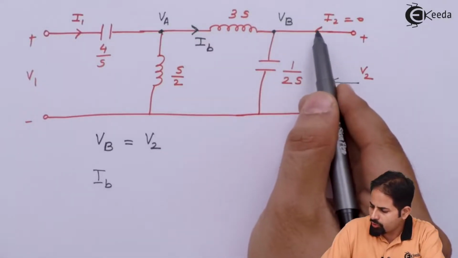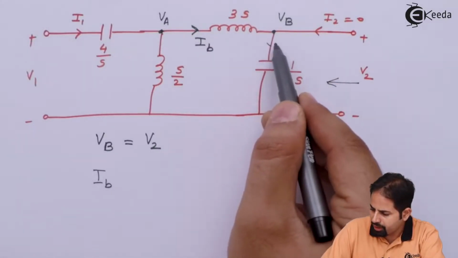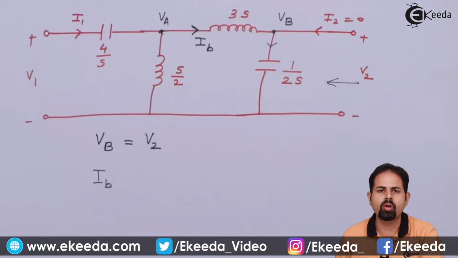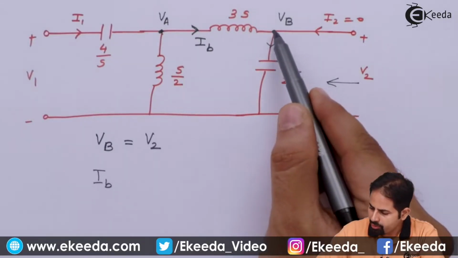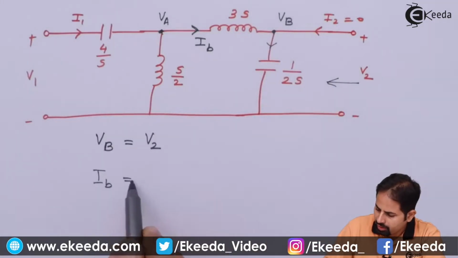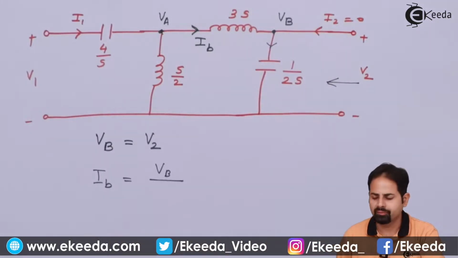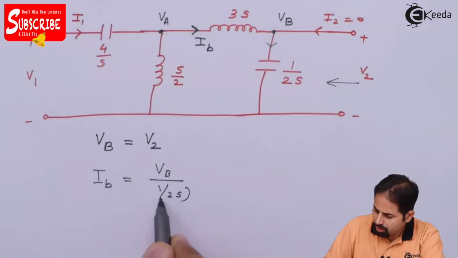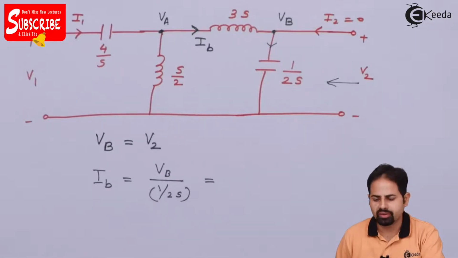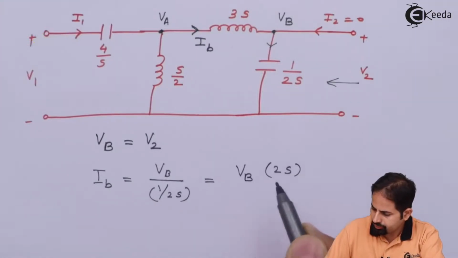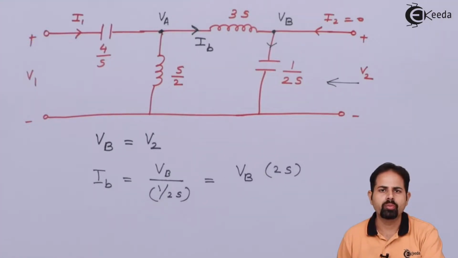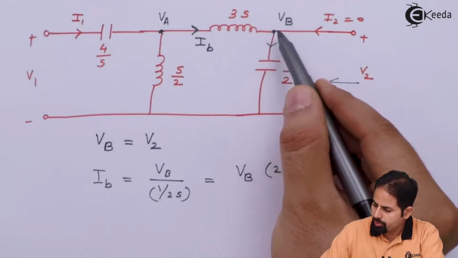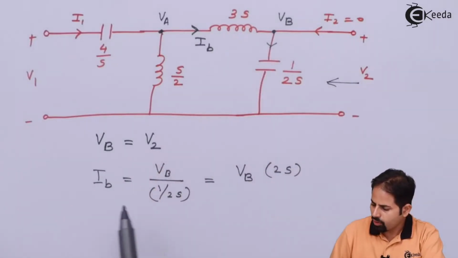This IB is not going to go here, it will simply come down, and so IB will be voltage VB divided by this impedance, which is 1 upon 2s. When I solve it, I get IB equal to VB into 2s.